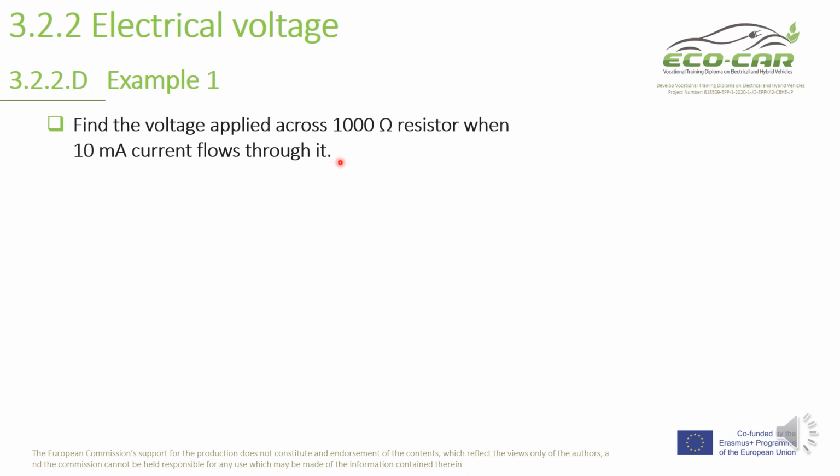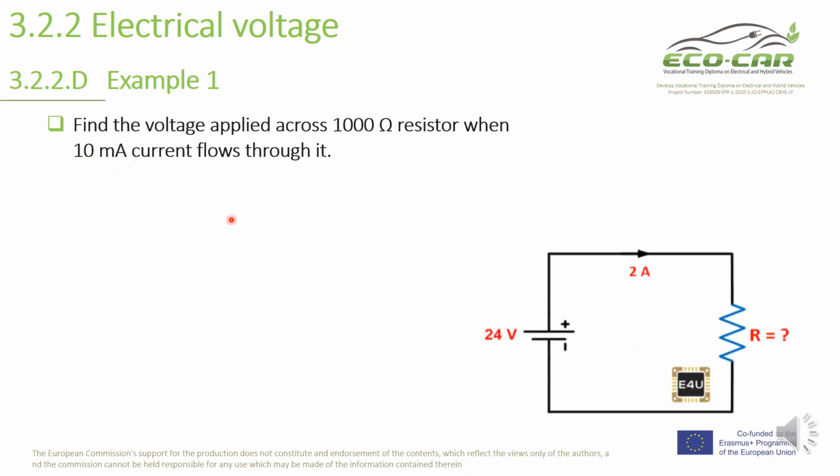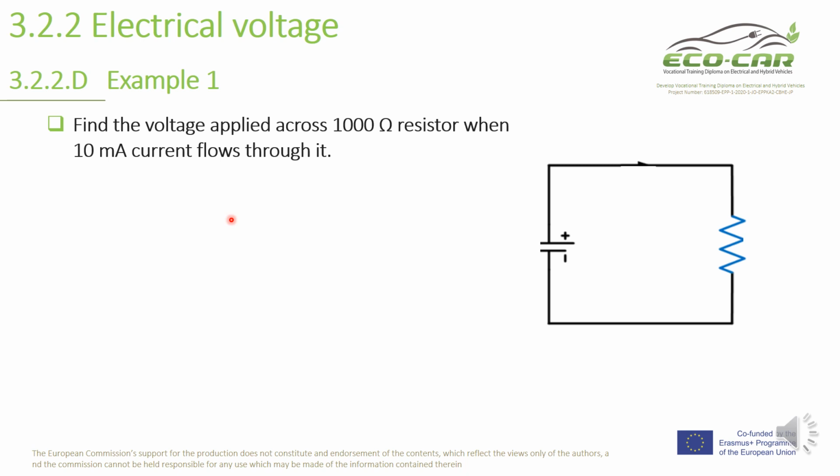So we have a known value of resistance and a known value of current in milliampere. This is the circuit. We have here our source voltage, 1000 ohm, and a current of 10 milliampere. So what is the voltage?